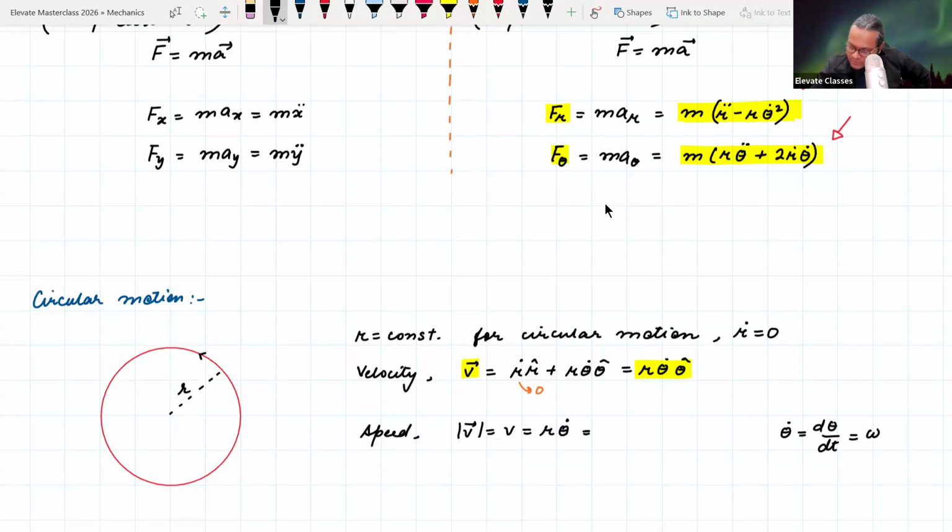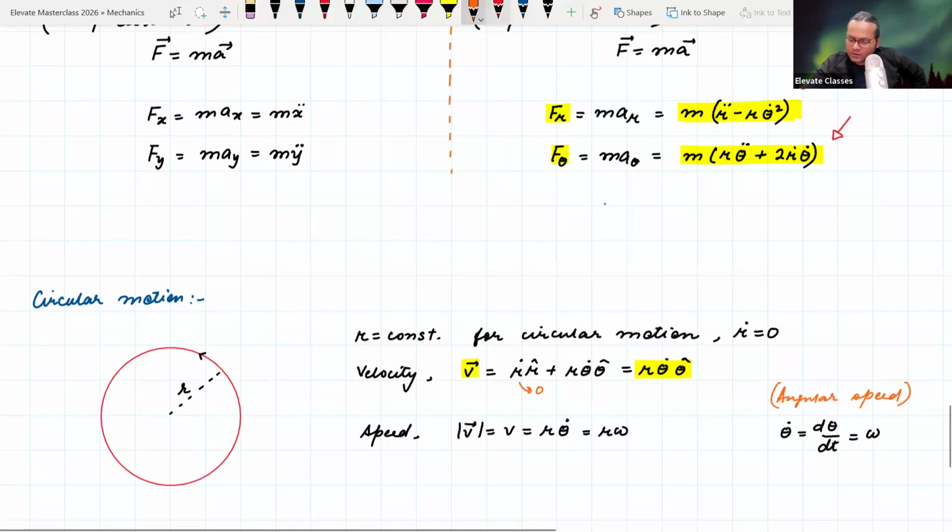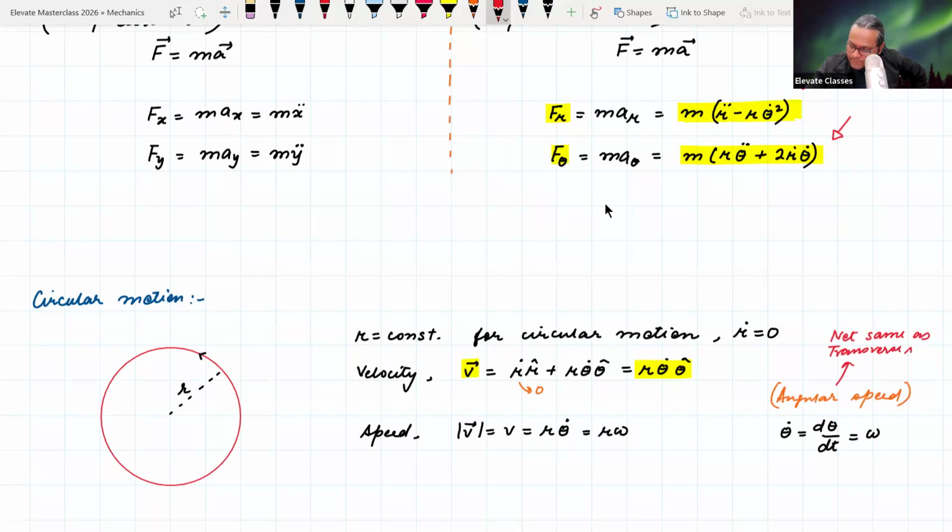So this is the angular speed. Angular speed is not equal to the transverse speed, by the way. Okay, keep in mind, angular speed is not the same as transverse speed. They're not the same thing.